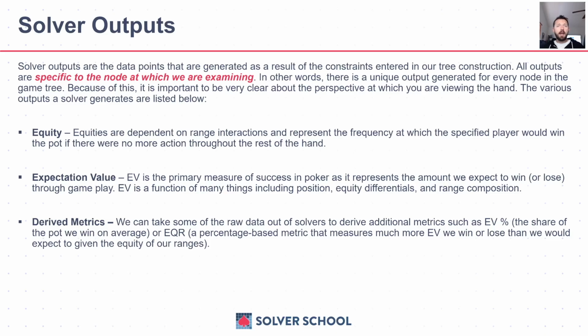We get a lot of raw data out of solvers, and sometimes we can derive some additional metrics that can help generate some additional insight into the way we might want to play a hand or a scenario.